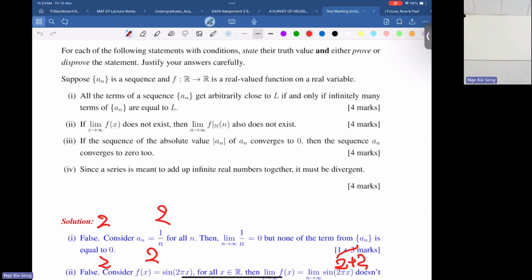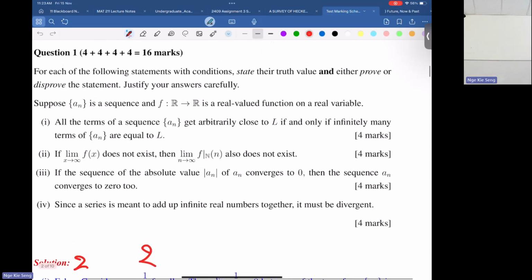Okay, so our first question was true or false. Even if you guess true or false, I'll still give you some marks. But sadly, some of you just put blank. Maybe too many words?